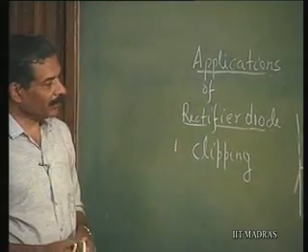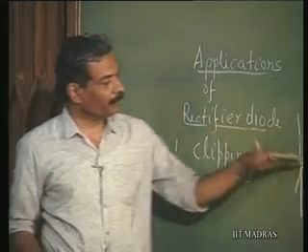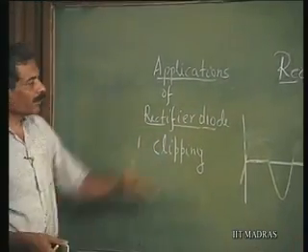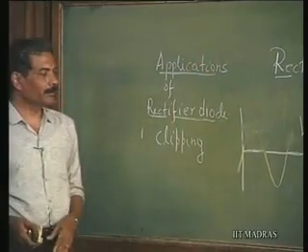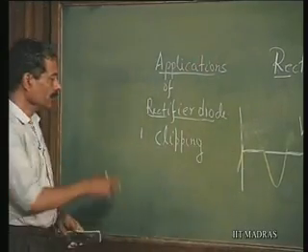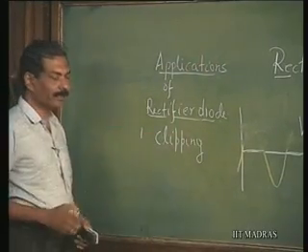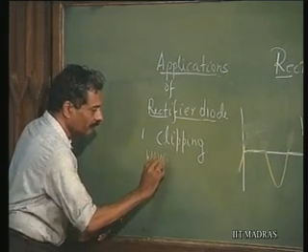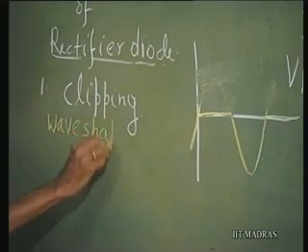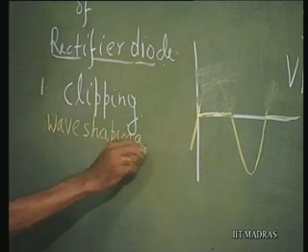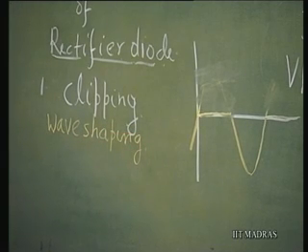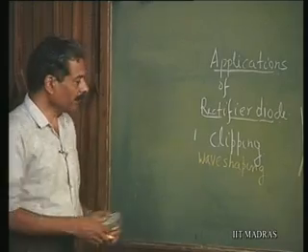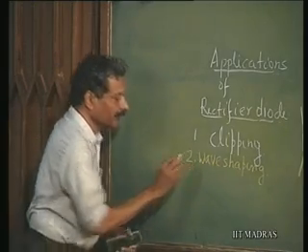You can do this clipping in any manner you want, clip off the top one, clip off the bottom one, or clip off only a portion of the top or a portion of the bottom. So, a variety of clipping operations can be done. This is mainly called wave shaping. In fact, using this clipping technique, you can do wave shaping.